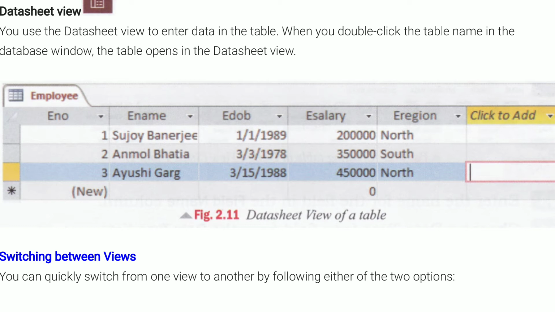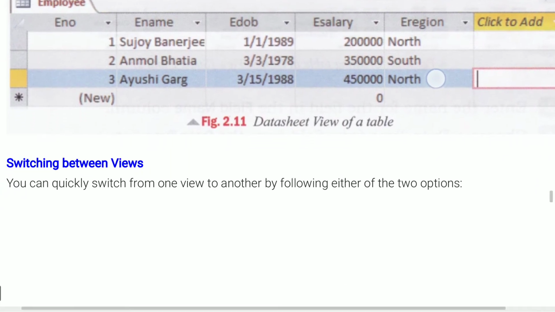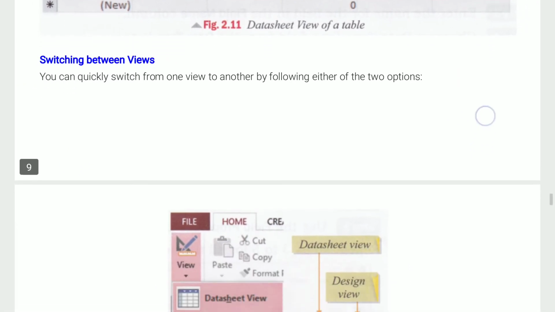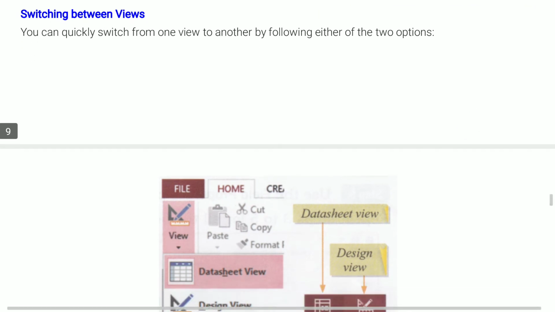The next point that you can see on the screen is switching between views. Understand this point. If we have opened the table in design view and we want to switch it into datasheet view, meaning we want to change the appearance of the table from design view to datasheet view or datasheet view to design view, we can do it.